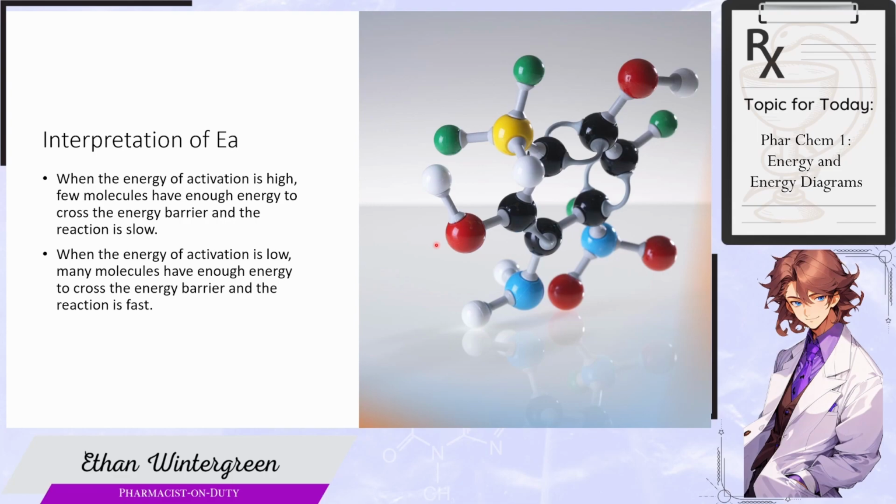So interpretations of your activation energy. When the energy of activation is high, only few molecules have enough energy for the reaction to proceed. When the energy of activation is low, many molecules have enough energy to cross the energy barrier, hence the reaction is faster.